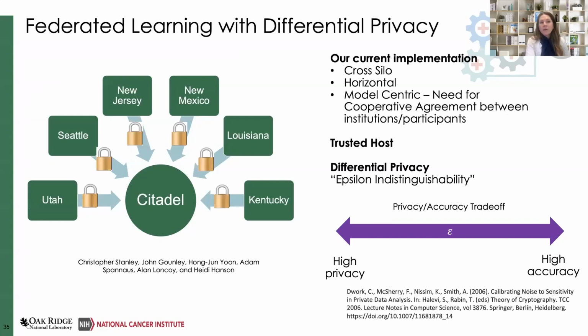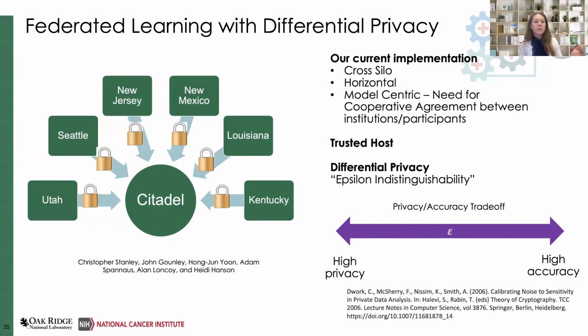Another exciting thing going on here is that we have been working on federated learning with differential privacy. As I mentioned, Citadel allows us to handle private health information in a secure way. One of the big barriers to having national level healthcare reporting is the fact that centers don't want to share data with each other.